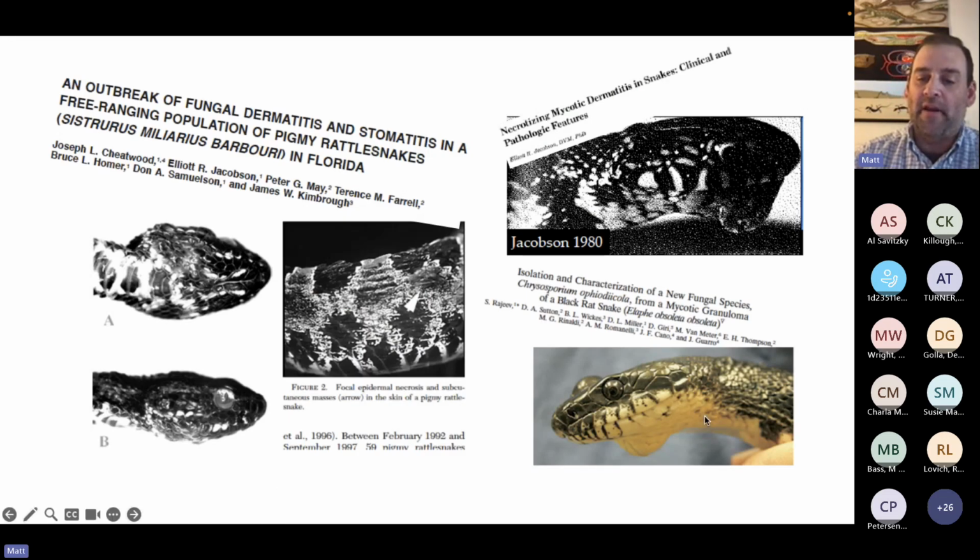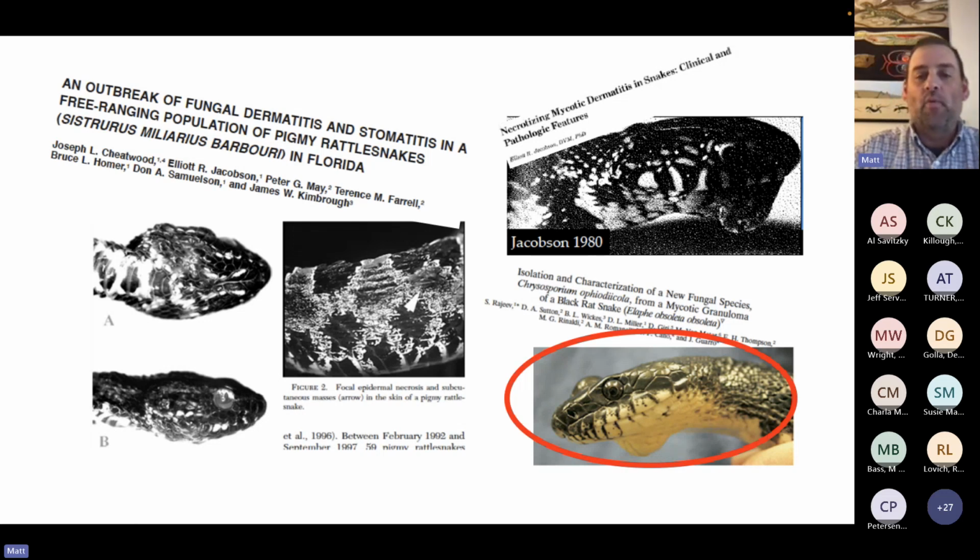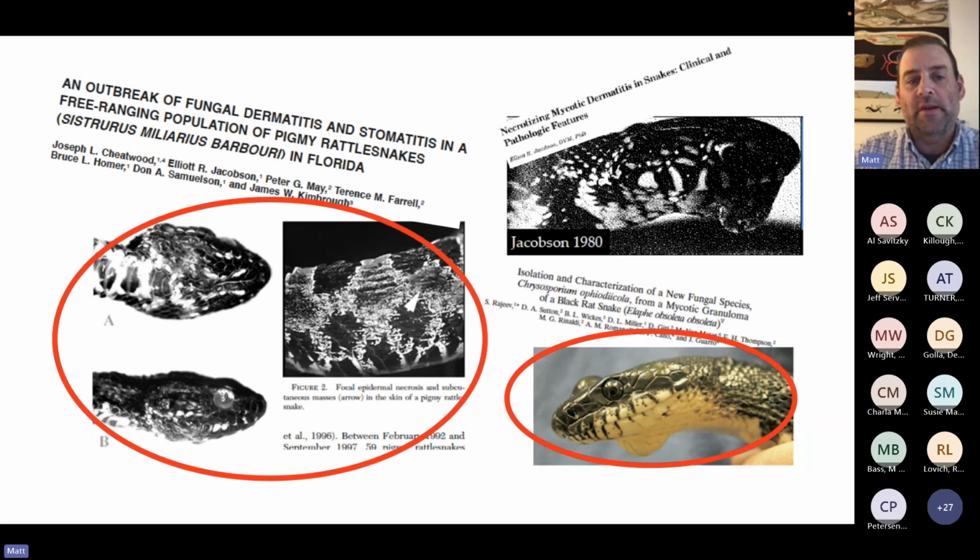Ophidiomyces was first identified and named Chrysosporium ophiodiicola using this black rat snake about 14 or 15 years ago, in 2009, with this granuloma on the chin. The rest of the body didn't look all that abnormal. That somewhat started a wave of investigations, both prospective, which we're going to discuss later today as part of the DoD project, but also retrospective.